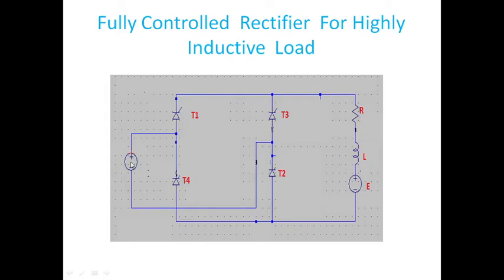This is the power source, Vm sin omega t, coming from the power supplying company. This is the AC source, and what is shown as RLE is the model of the DC motor.